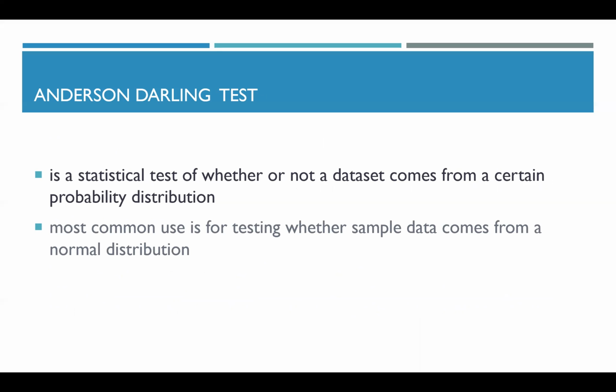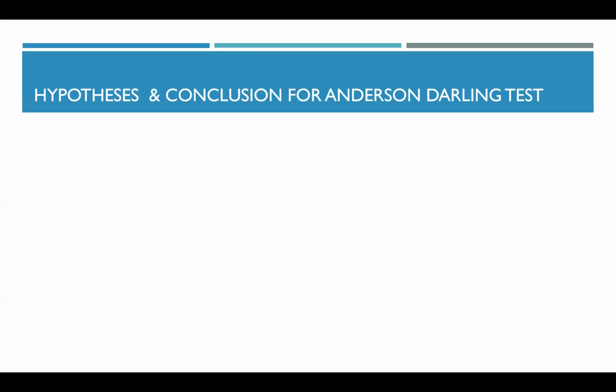But Anderson-Darling could also be used to determine if the data comes from, say, an exponential distribution or a uniform distribution or a binomial distribution. But again, our focus for this course is going to be on whether it comes from a normal distribution, because we have to make that assumption for many of the analyses that we do.